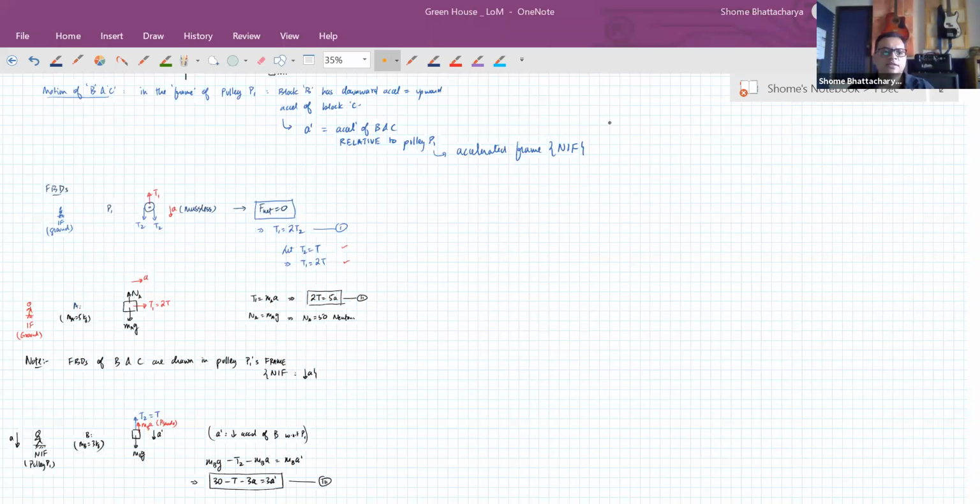Okay, so if you finish writing all this down, then please make the free body diagram of the third block C and come up with the fourth equation.